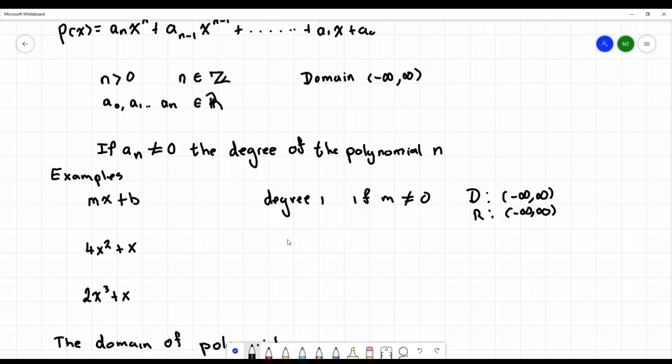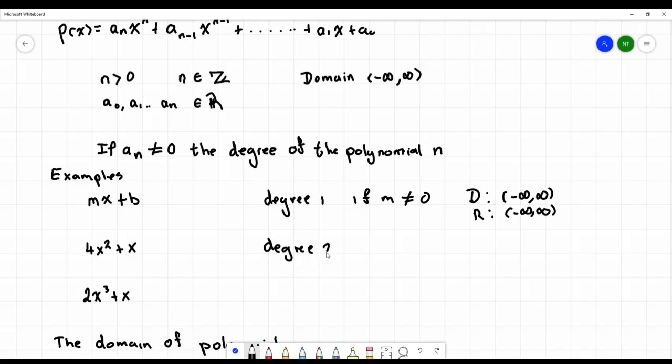Now the degree of this next polynomial, what do you think? What's the highest value of n with a non-zero coefficient? It's 2, right? The 4 is non-zero, and x squared is higher than x to the 1. So the degree of this polynomial is 2.